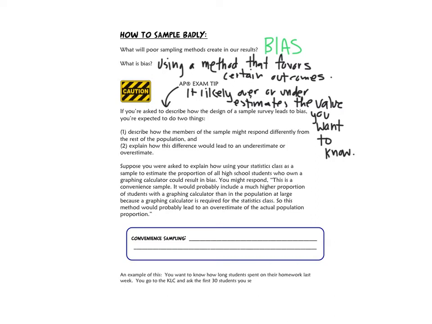So for example, if I wanted to know if people prefer action movies versus rom-coms, and I went outside of a theater that just released Die Hard 3 or something like that, I'm going to get the response, most likely, that people prefer action movies. So that is overestimating what I would expect the value to be.